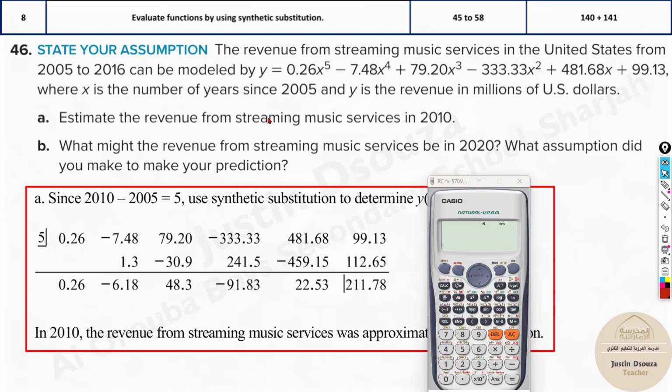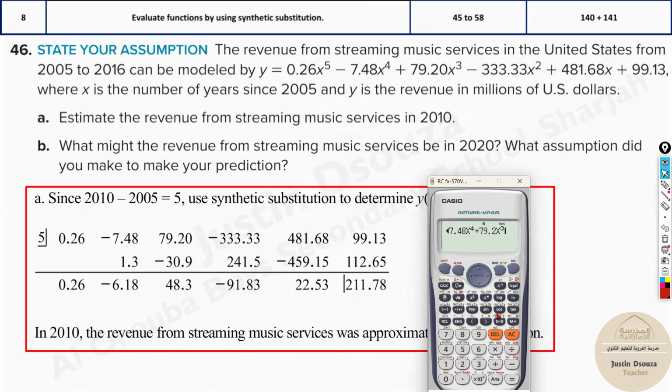All you need is your calculator, but it takes time because you need to write this entire equation in the calculator. That is 0.26 x to the power 5. Write the x value as it is using alpha and the closing bracket symbol. That gives you x minus 7.48 x to the power 4. Then we have to write plus 79.2 x to the power 3.